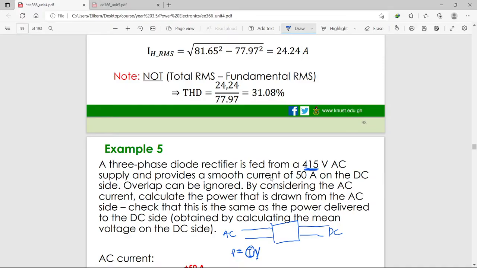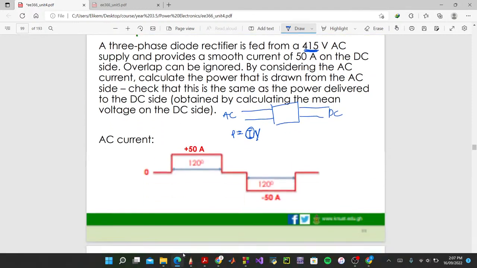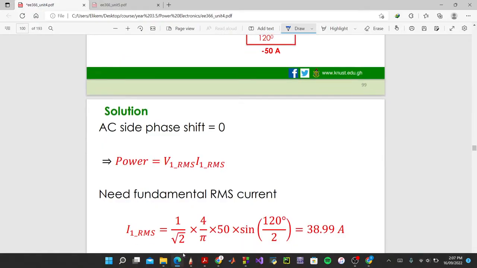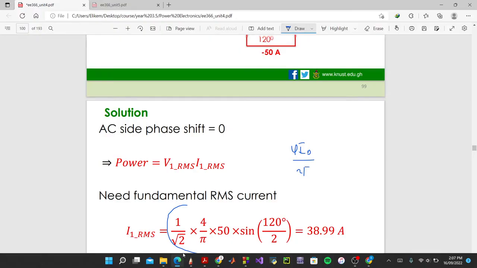This I here corresponds to the fundamental RMS current, and we know how to find that one already, using 4 ID over root 2 pi times sine 60.